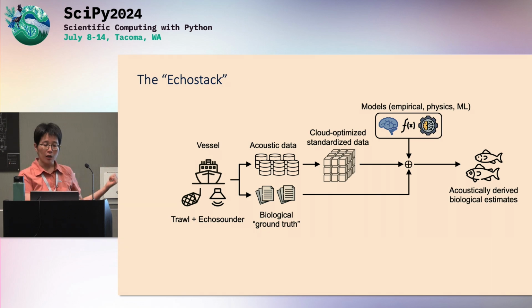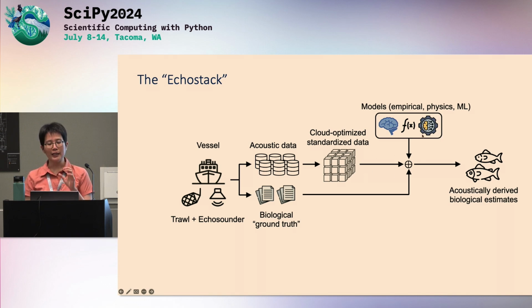So I just want to talk about how we designed the Echostack. The diagram here has a lot of arrows, but it's essentially a redrawn version of what you have seen earlier. So again, you have your ship pinging echosounders, collecting acoustic data, deploying trawls to collect biological ground truth for the inversion. But we wanted to make it more flexible, so we organized the data into a cloud-optimized, standardized format.